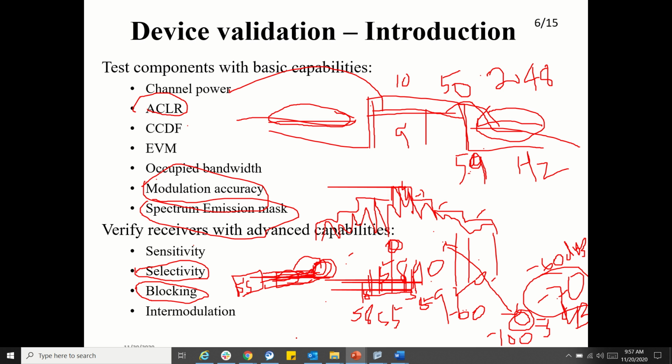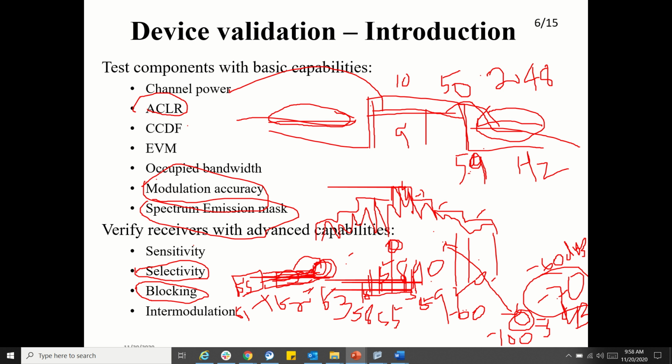Intermodulation: what happens? You have frequency F1, which is getting combined with frequency F2, and it creates a frequency called F3. This F3 may fall under any operating band. For example, an LTE network coexisting with a C-V2X network or 5G network.